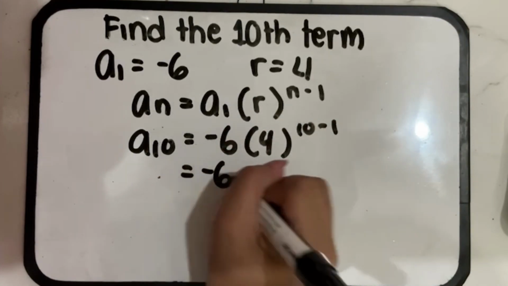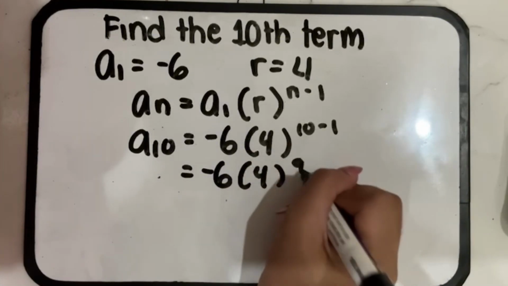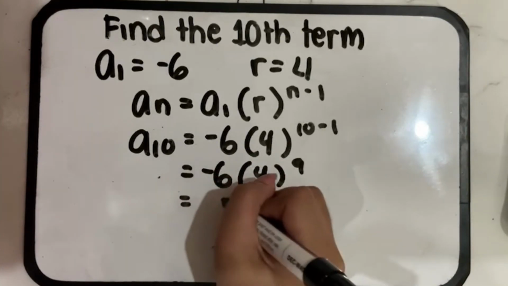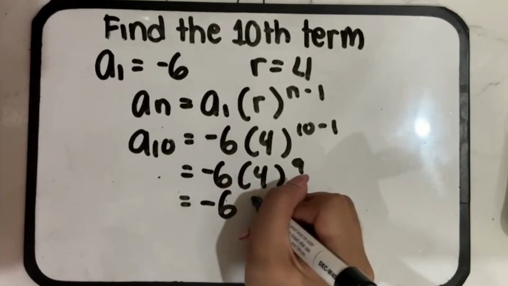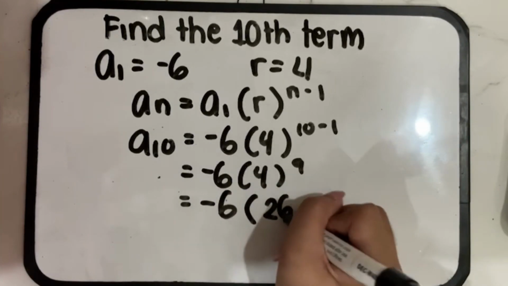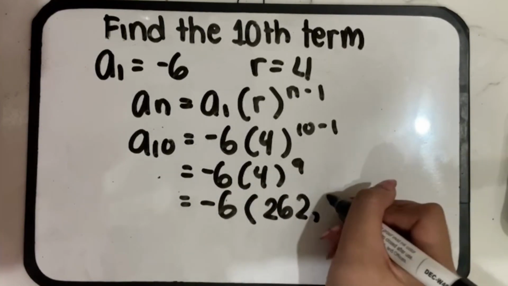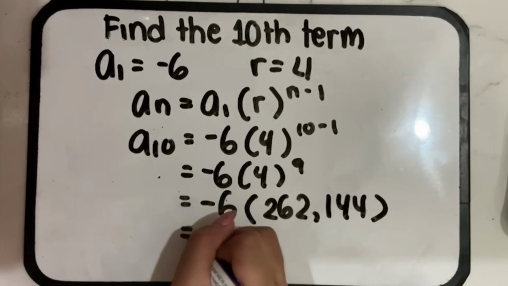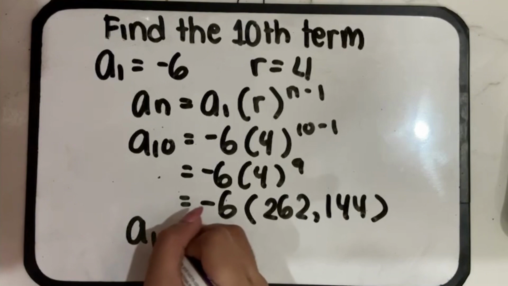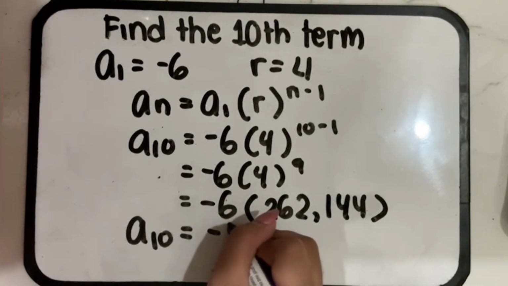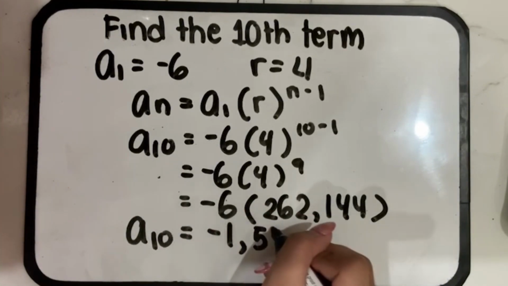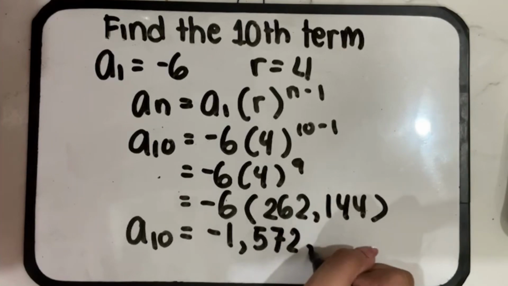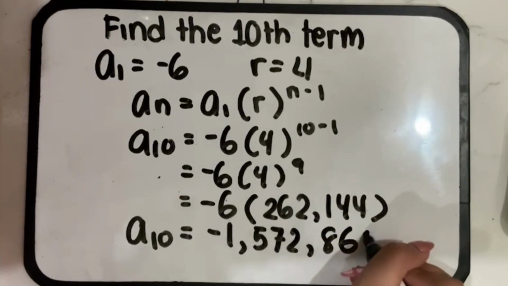Subtract 1 from 10 and multiply 4 by itself 9 times, which gives 262,144. Then multiply it by 6, which is our first term. Then our tenth term is 1,572,864.